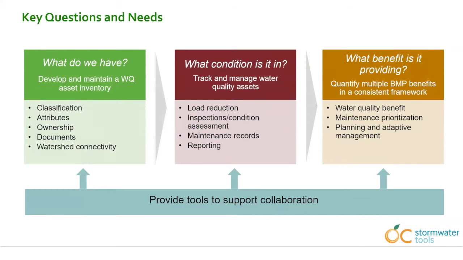So our decision to adopt the Stormwater Tools platform from Lake Tahoe and modify it for Orange County was really born from a desire to bring a lot of our different tools and workflows and knowledge bases together. We started by evaluating what we knew, and we identified that on one hand, we had a really robust knowledge set with our structural inventories, our geographic data and our physical location information.